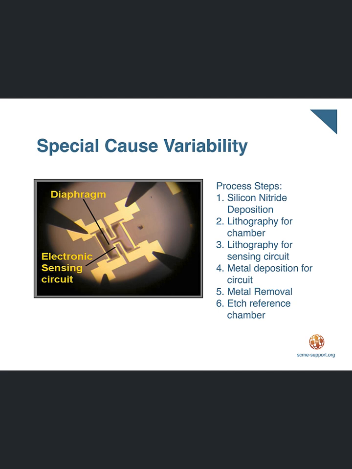Another photolithography step patterns the sensing circuit using photoresist on the front side of the wafer, followed by a metal deposition on top of the photoresist. Subsequent process steps remove the unnecessary metal and etch the reference pressure chamber on the wafer's backside.